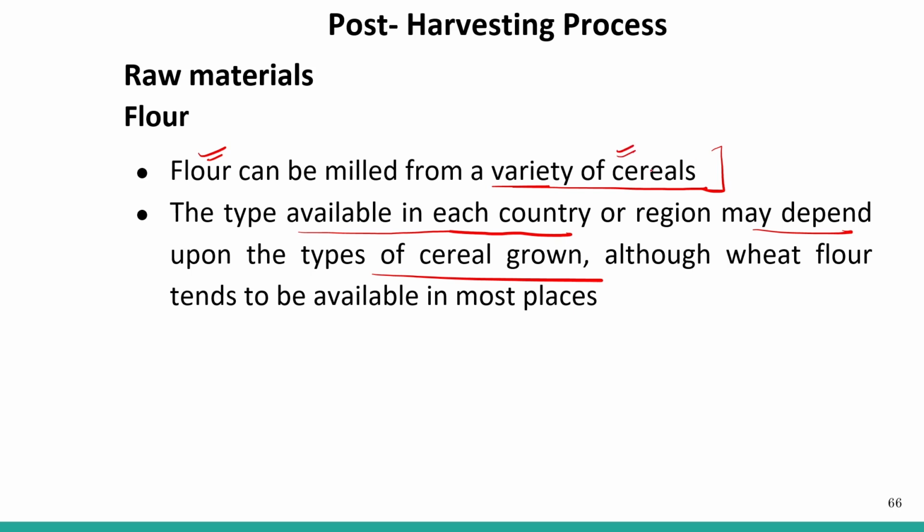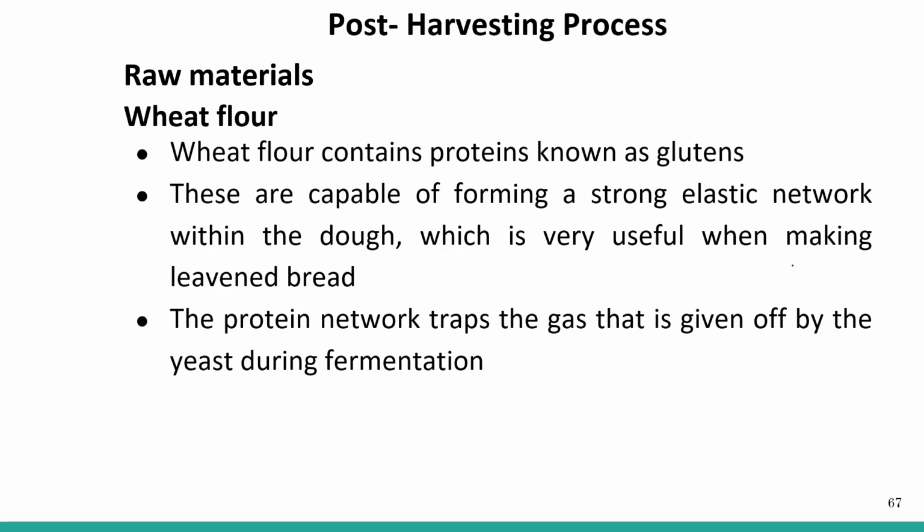They grow those cereals because the soil and the climate favor the growth of that particular cereal. Wheat flour tends to be available in most places. Wheat flour is one of the flours that is grown all over the world, in fact in every country.